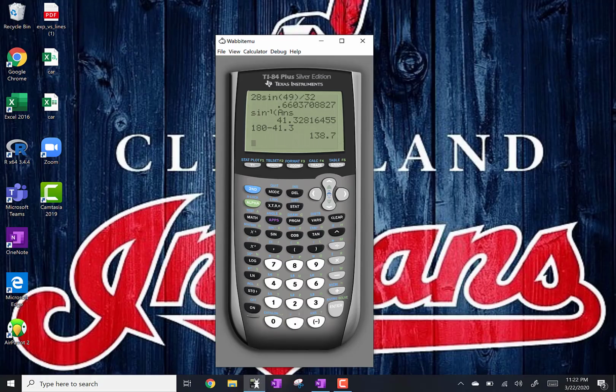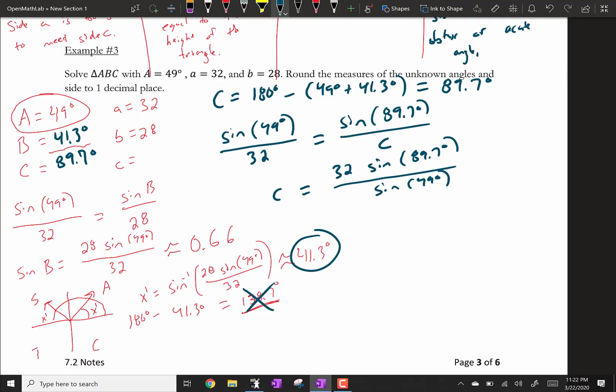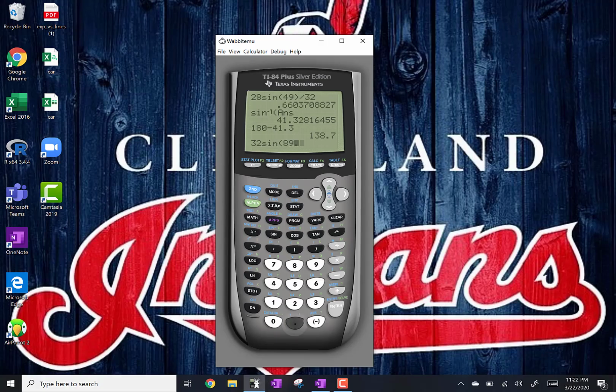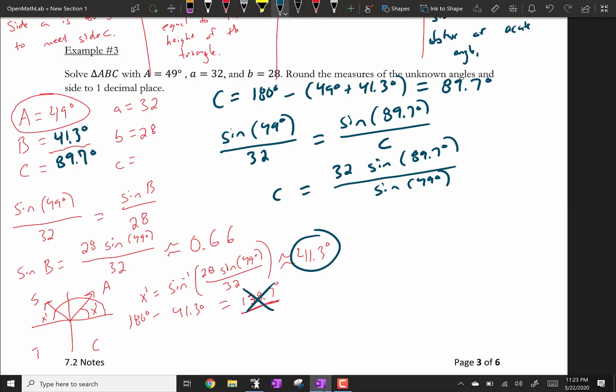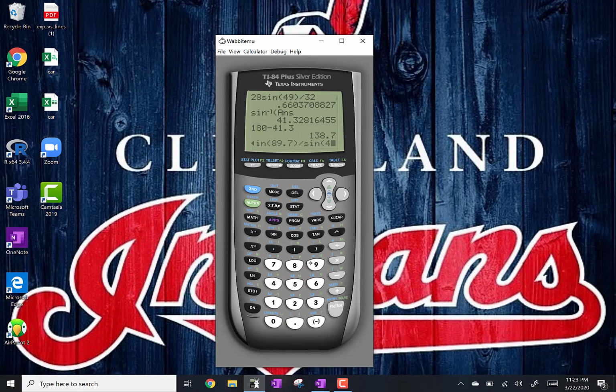So if we enter that in, 32 times the sine of 89.7 divided by sine of 49, we get 42.4.